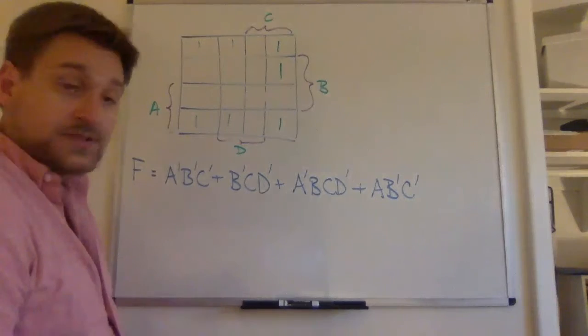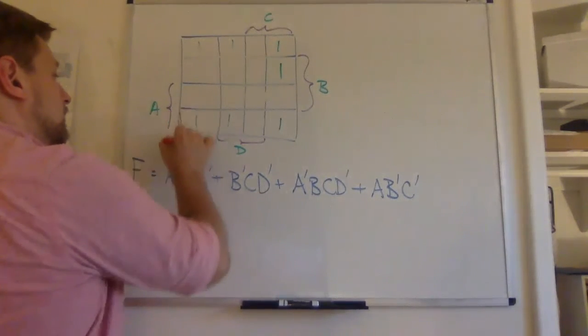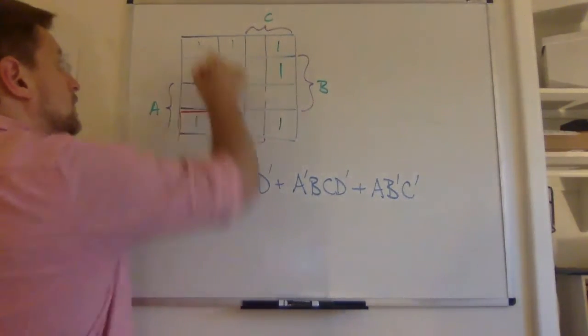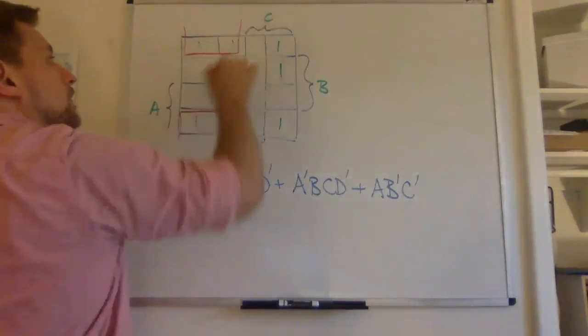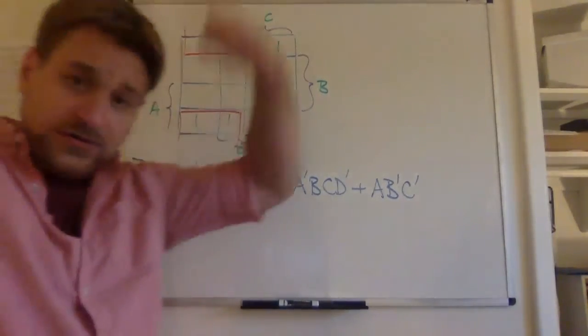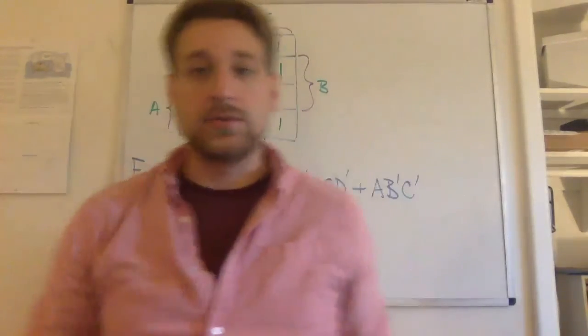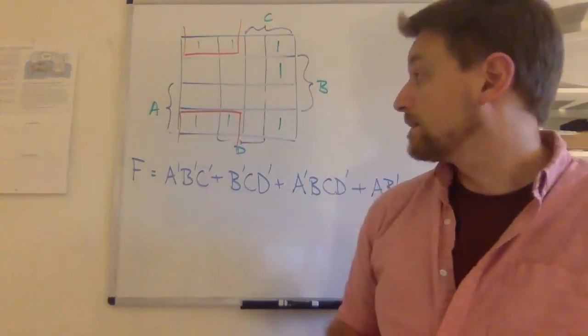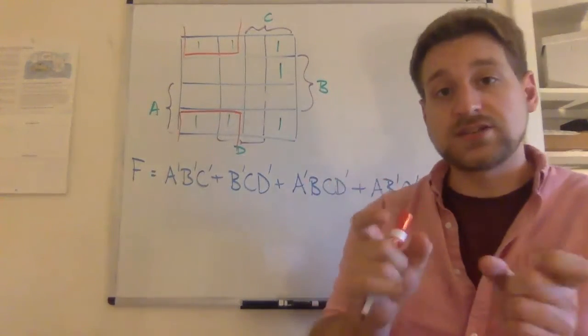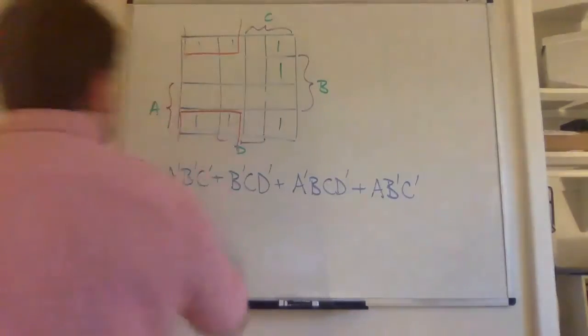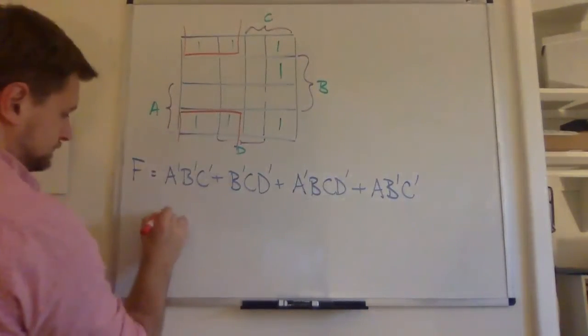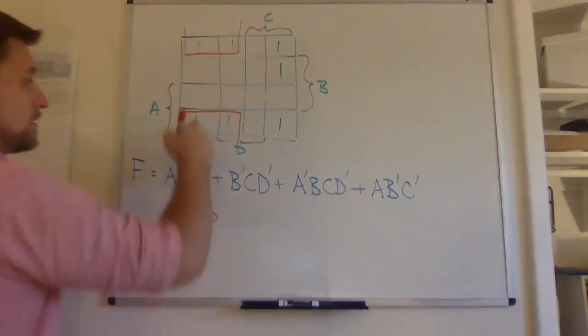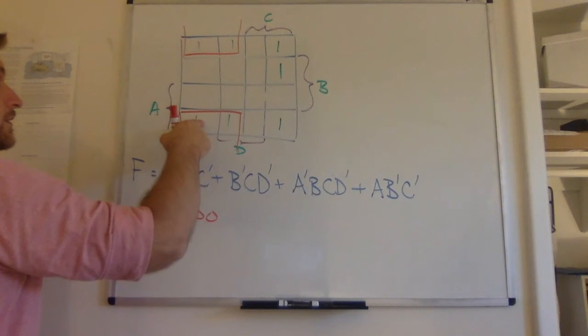The first thing I noticed was those. Wait, it works off the top and bottom too? Yep, it totally does. Make sure, put the two minterms next to each other. This is minterm 0. This is minterm 12.